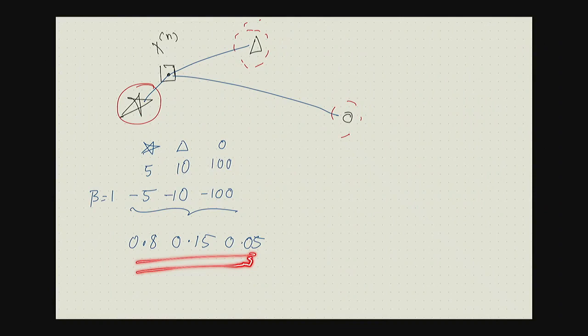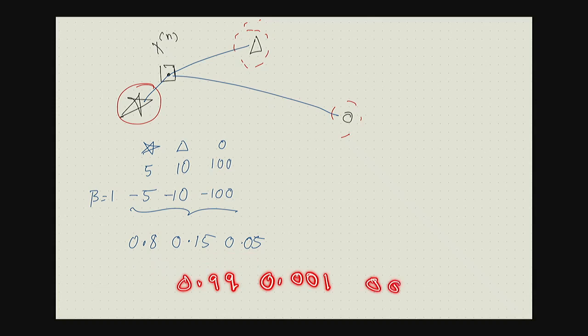So if beta is very, very large, we can actually change this so that this becomes 0.99, and this becomes 0.001, and this becomes 0.099. And beta is what controls the strength of how close this softmax operation is to the deterministic setting of having hard responsibilities between cluster centers and points.